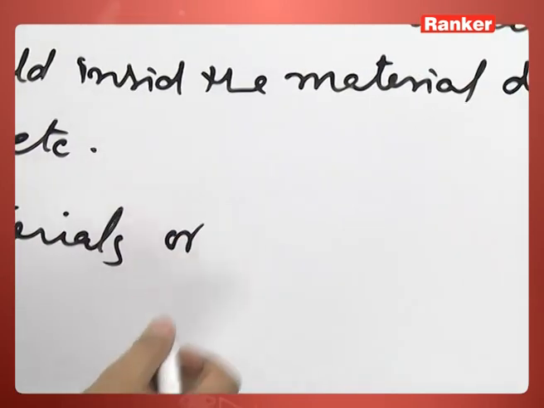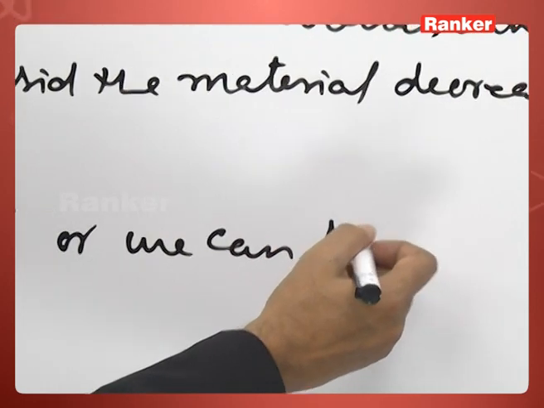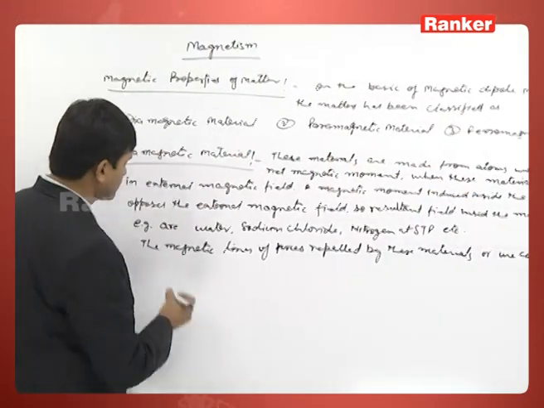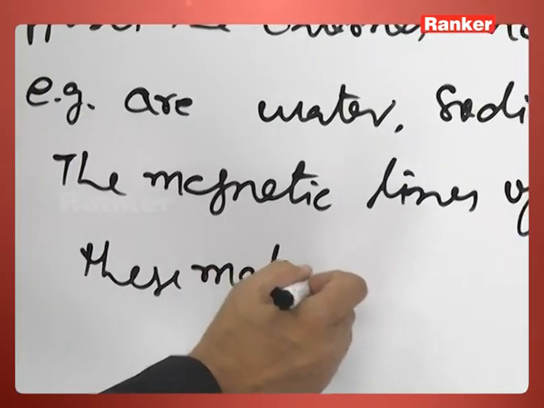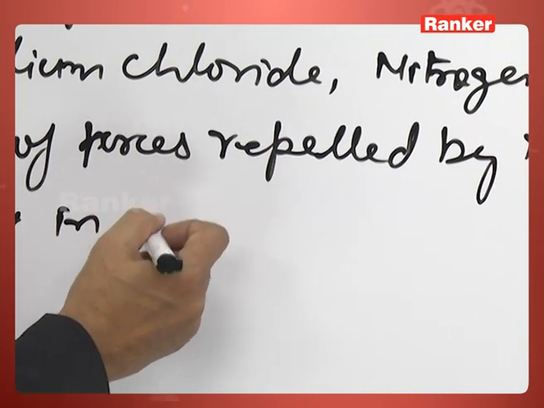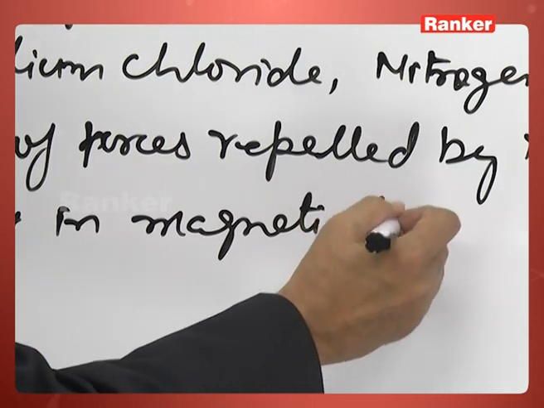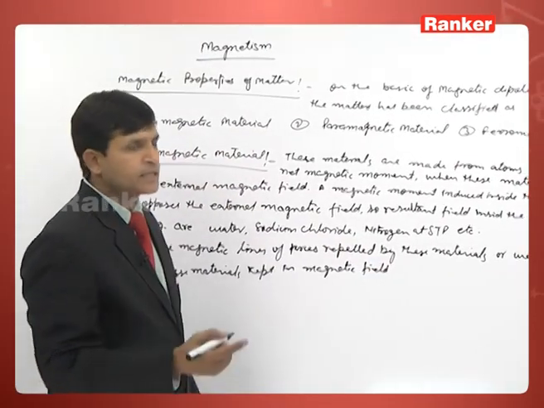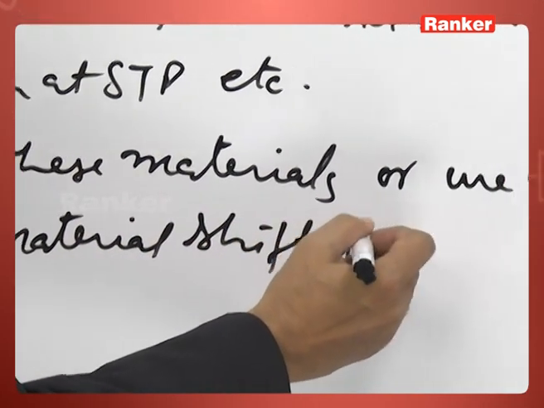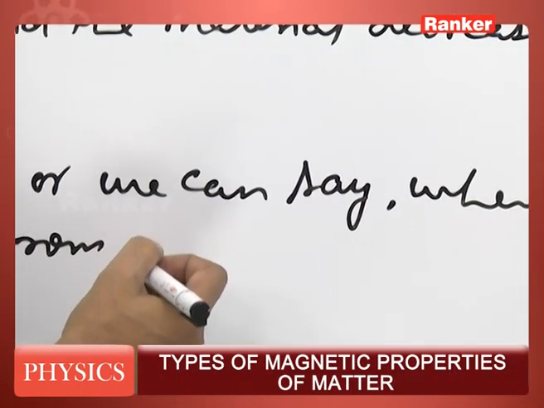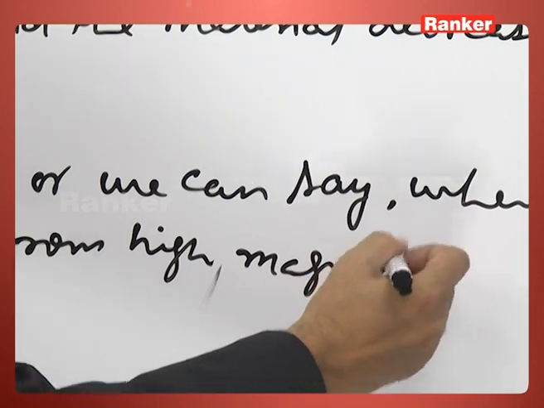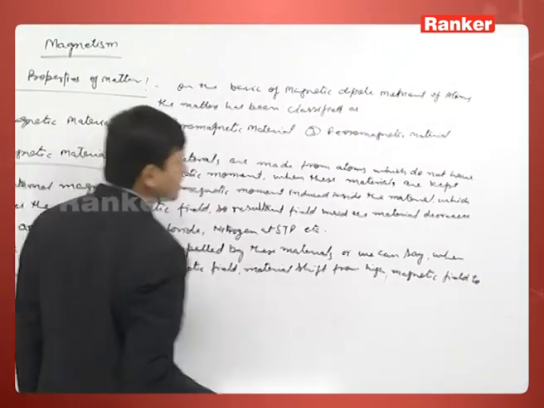Or we can say, when these materials are kept in a magnetic field, they will shift from a high magnetic field to a low magnetic field region.